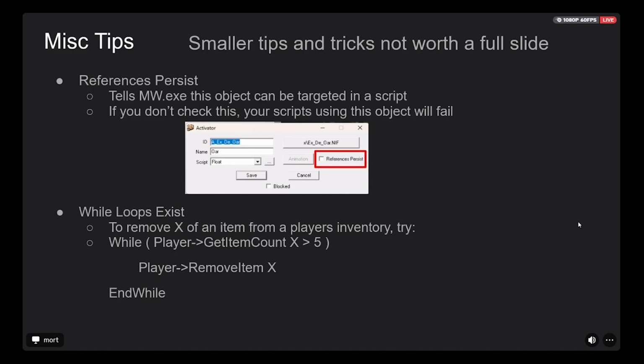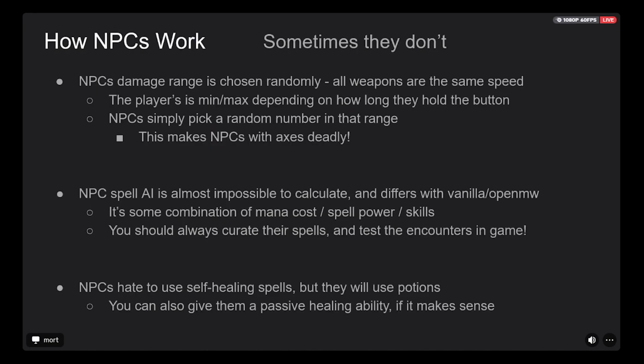So now we're kind of moving into quest design, quest balance territory here. It's important to know how NPCs work, specifically with combat. If you give an NPC a weapon, their weapon skills function normally. They don't swing weapons the same way the player does.